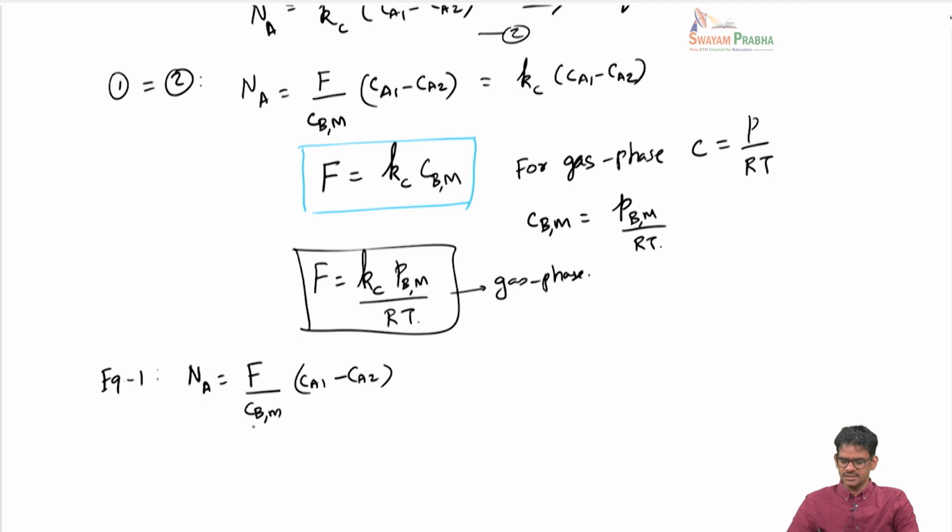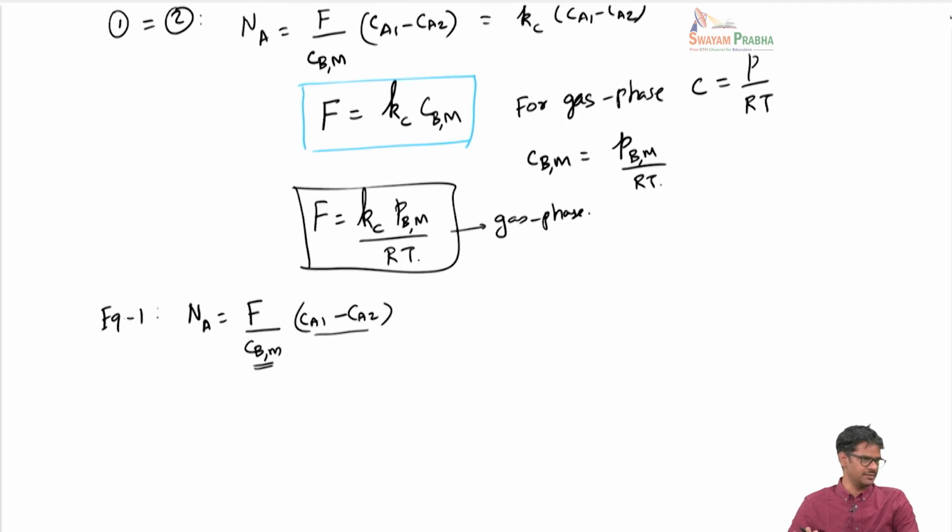You can see this CBM is also in concentration units. These are also in concentration units, so they cancel. So the units of F will be the same as the units of Na, which means F will be in units of moles per meter square second, or moles per unit area unit time. You can use other units of meter, second and moles.